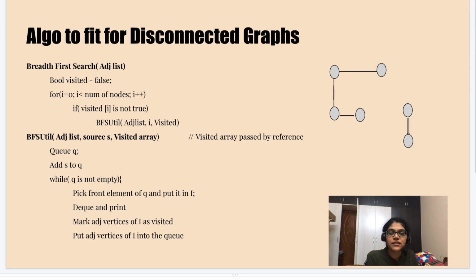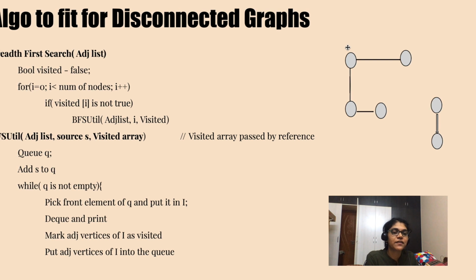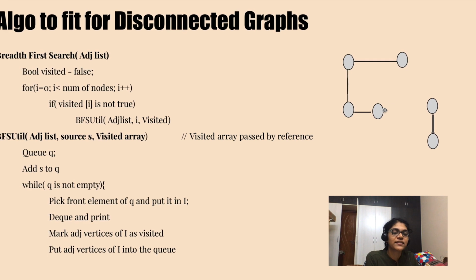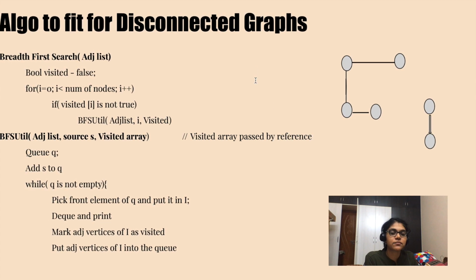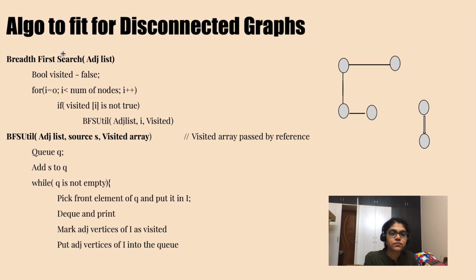In the breadth first search part, we are checking whether all the vertices of the graph are visited or not. So if we start from this particular subgraph, from any source node, we'll visit all the vertices and mark them as visited and come back to the breadth first search function.